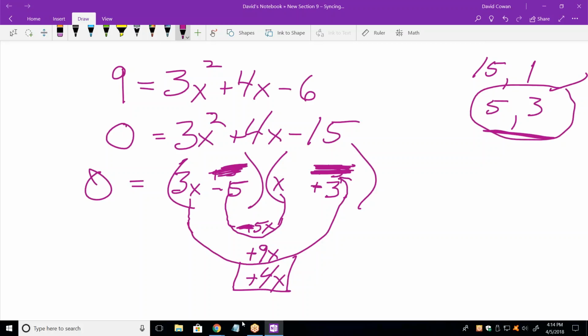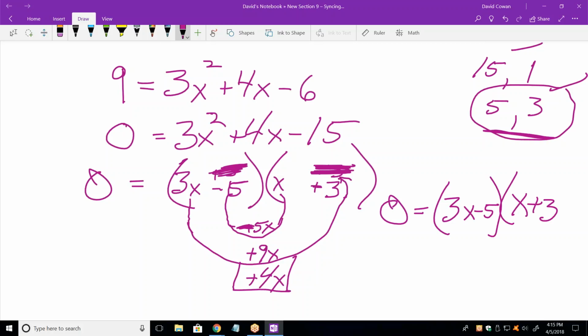In other words, you're going to find problems occasionally where 15 and 1 would have been required, but not very often, especially on harder quadratics like this. Okay, so now this is what I have. I have 3x minus 5 times x plus 3 is equal to that.